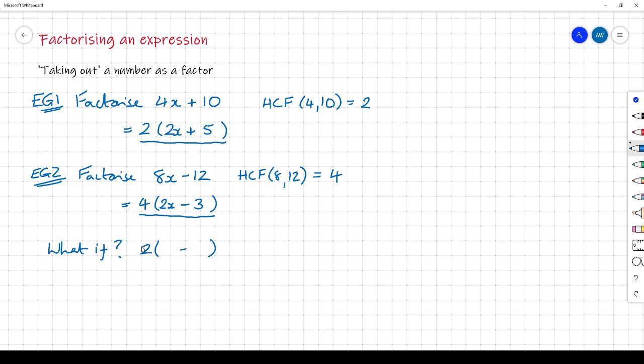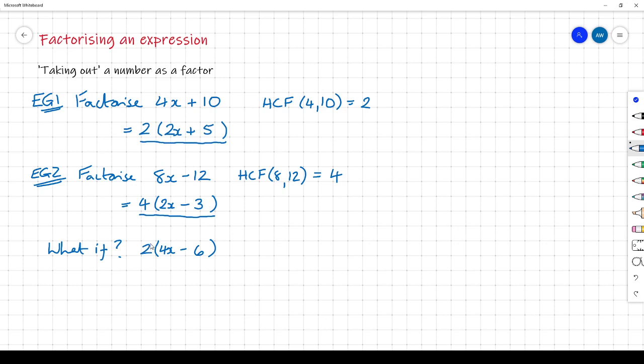Let's put the sign inside. 2 times what gives me 8x? 4x. 2 times what gives me 12? 6. And we can check that again. 2 times 4x is 8x. 2 times 6 is 12. So everything looks lovely. Everything looks fine. It works out. I check my answer and I do get 8x minus 12 when I multiply what's inside this bracket by the 2 outside.